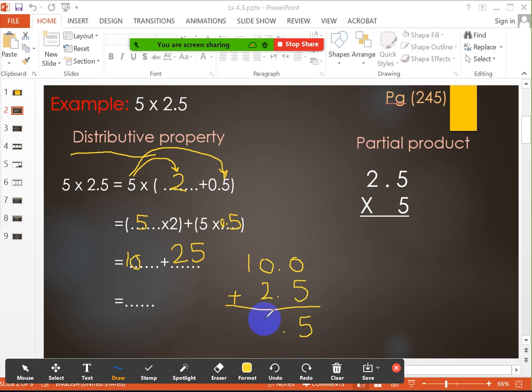And 0 plus 2 equals 2. And so on. So this is the answer for this multiplication. 12.5. Okay, girls? So this is the answer for this multiplication by using the distributive property.